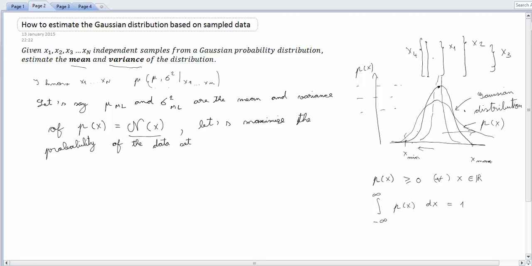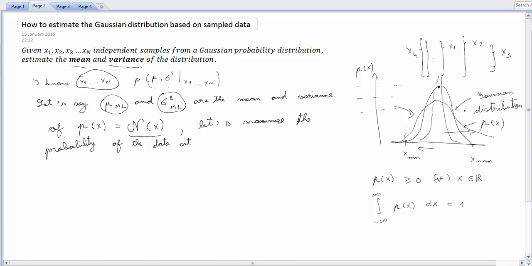So let's say this probability distribution had these parameters over here. Let's maximize the probability of picking the data set that we have already picked.